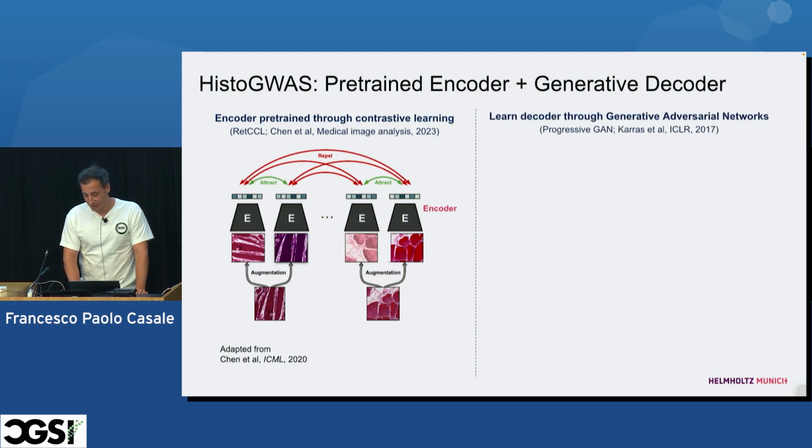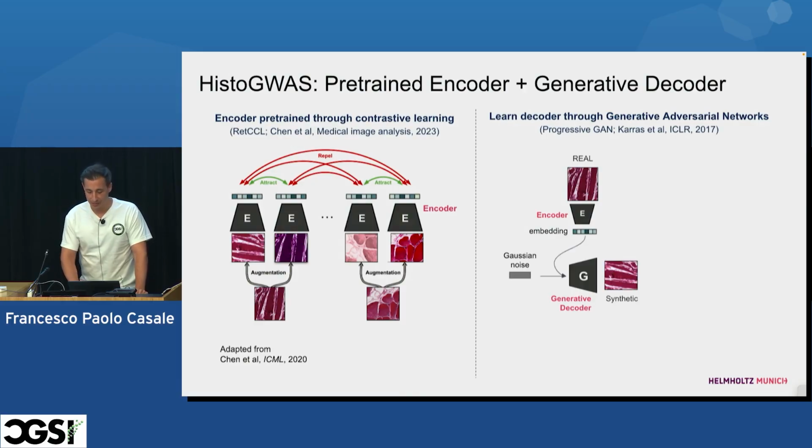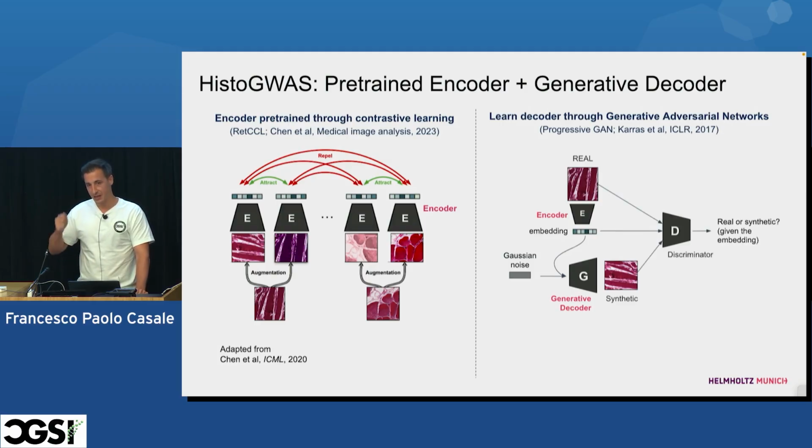And then once we have that, we train a decoder that inverts this process. So starting from a real patch image, we can encode to get an embedding using the encoder that I was telling you about before. Then we can pass this together with Gaussian noise into a generative decoder to produce a synthetic image. And we train these against a discriminator.